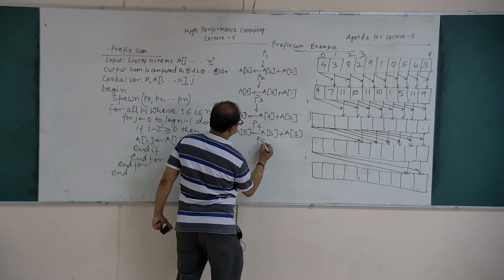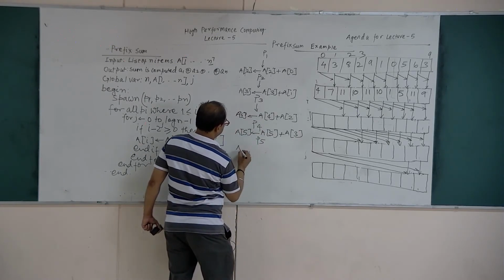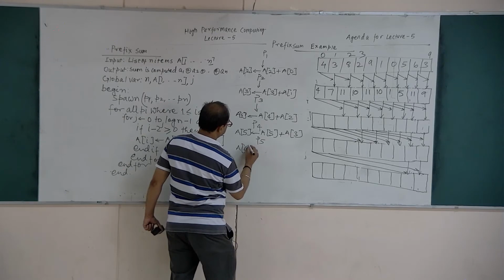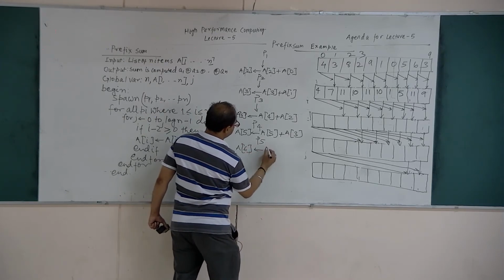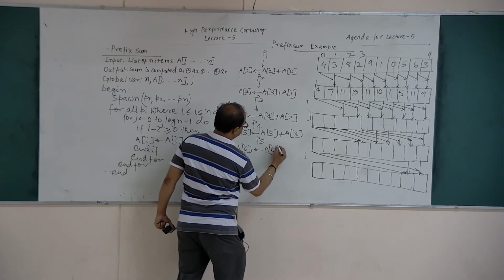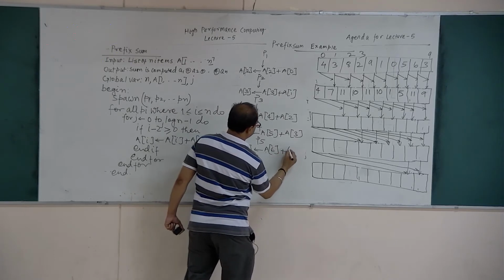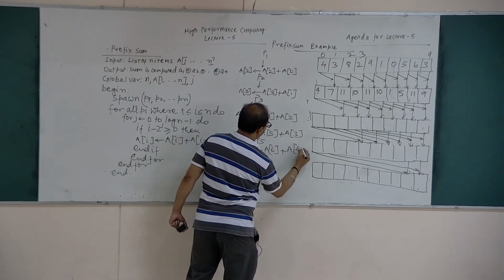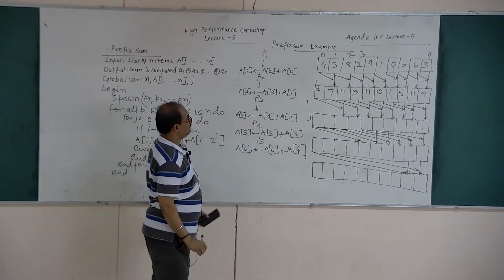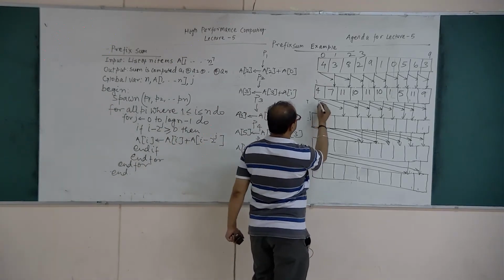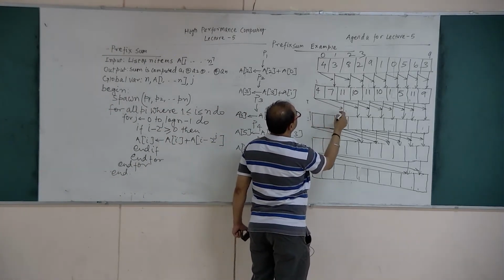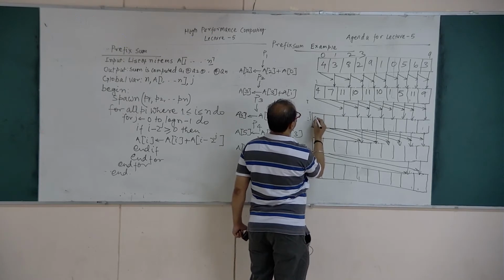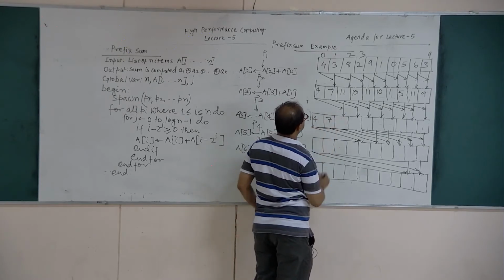And P5 is adding the element at A6, that is the element at A6 and the element at A4, and going on it will likewise add. So you can see 4 is added with the element at A2, so 4 and 7 will be taken as it is.